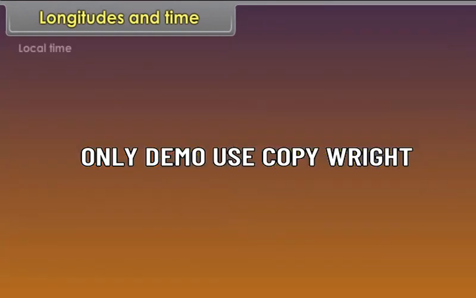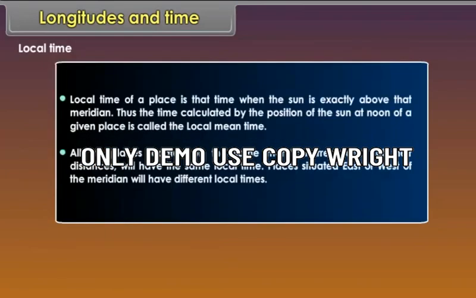Hence, it takes about 4 minutes for crossing 1 degree of longitude, or it takes 1 hour in crossing 15 degrees of longitude. Accordingly, the earth has been divided into 24 time zones of 1 hour each.